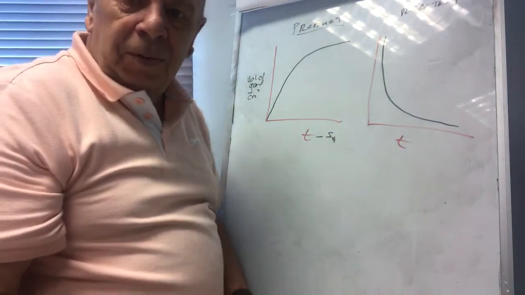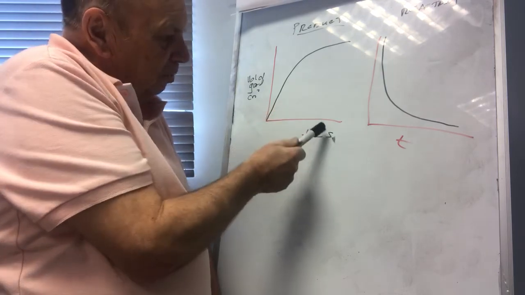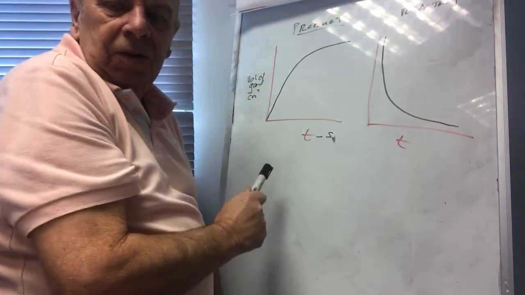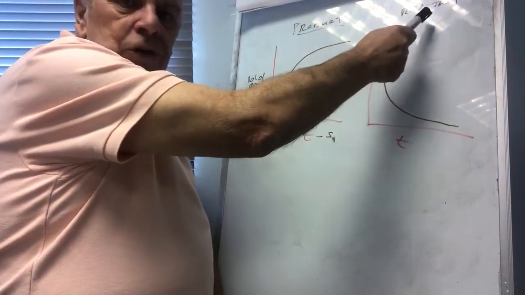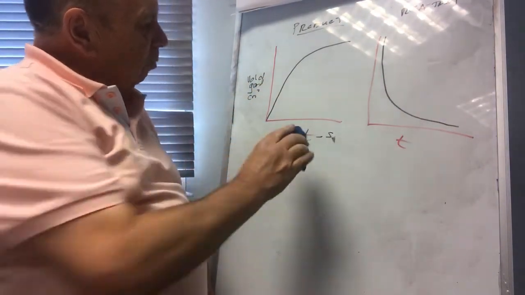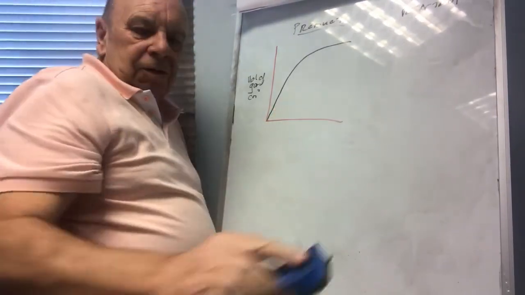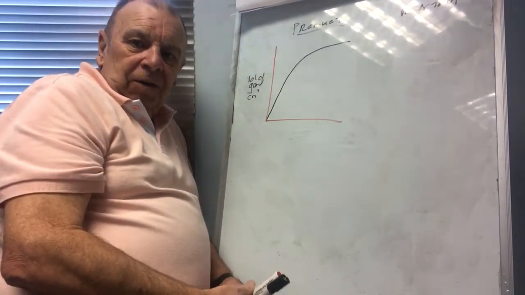Translating that into simple words, this shows the amount of product produced with time, and this is showing the amount of reactant used with respect to time. I want to look at this graph in a bit more detail.